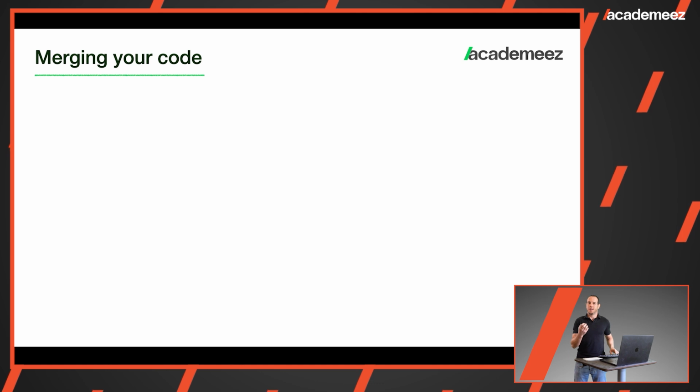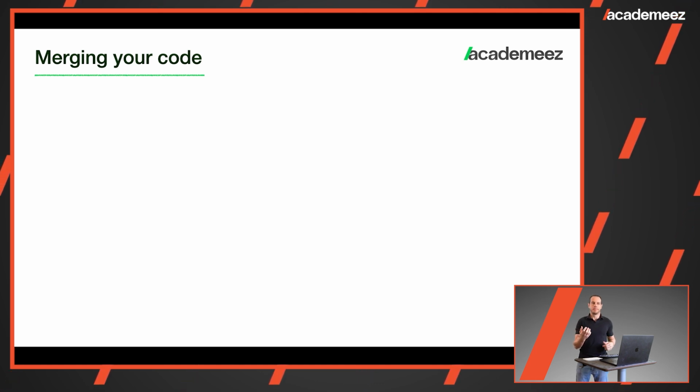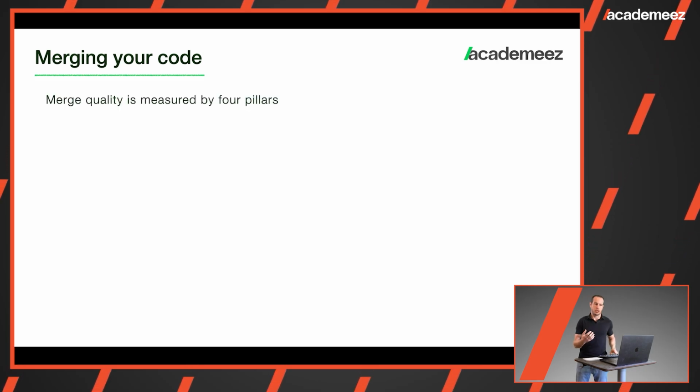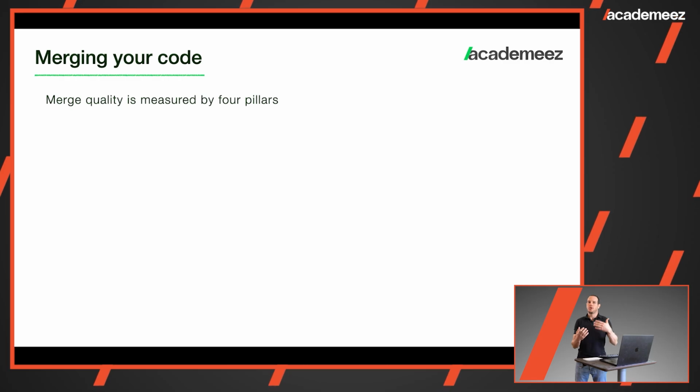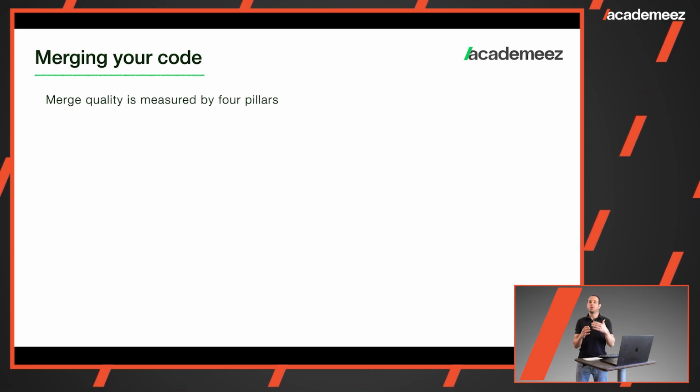There is a procedure that needs to happen before you are allowed to merge your code to the main branch. That procedure is checks, the different checks that are running on your code, and only if those checks pass are you allowed to merge your code to the main branch.